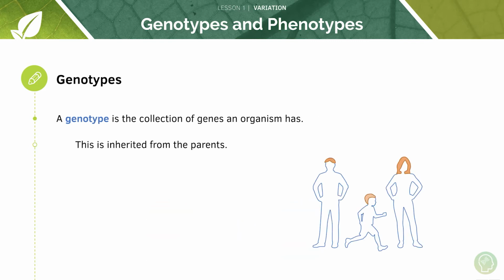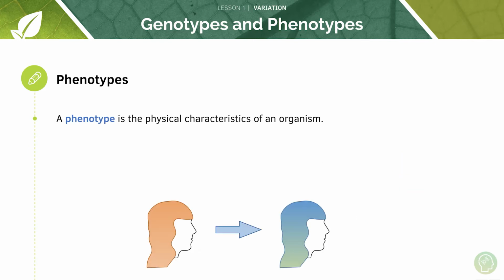Now, we've come across this word before in previous tutorials, in the last set of tutorials on genetics. So we've already seen that the genotype is the kind of raw code that is encoded by the gene, so not necessarily what is presented by the person. But the phenotype is the physical characteristic of an organism.